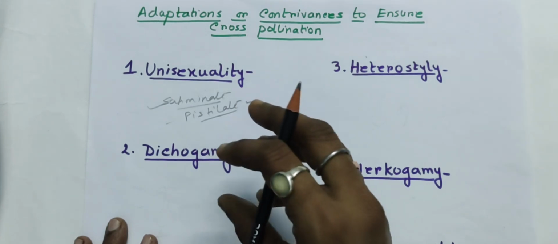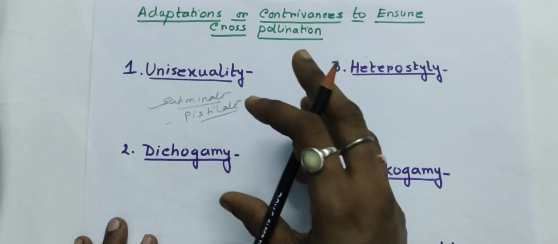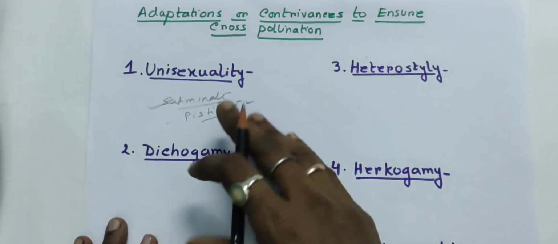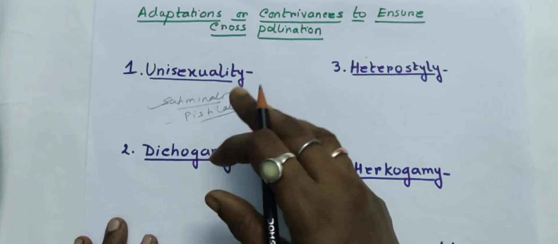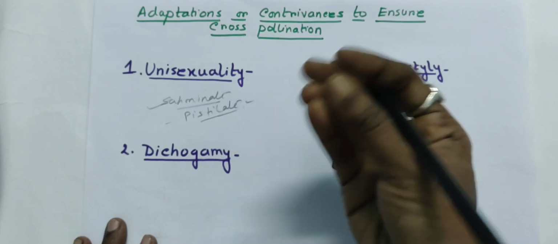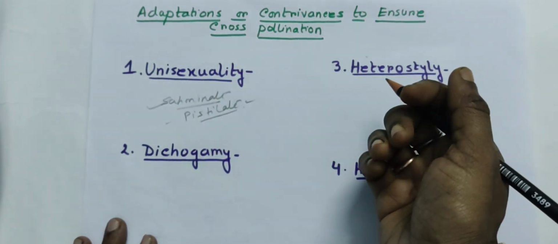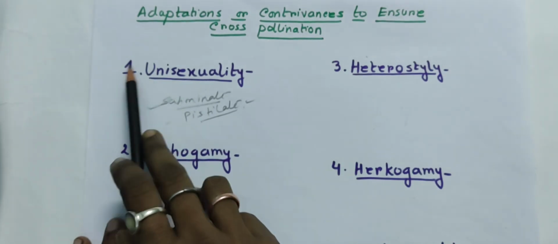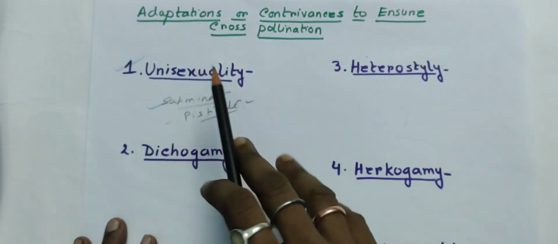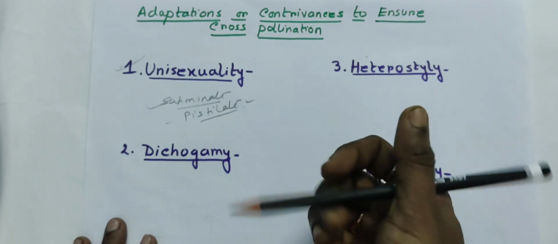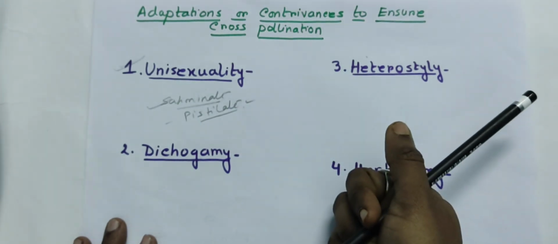So they are unisexual flowers. They are not bisexual, so the pollen grain has to go to the stigma of another flower. So here cross pollination is occurring. So unisexuality is a character that insists a flower to perform cross pollination.